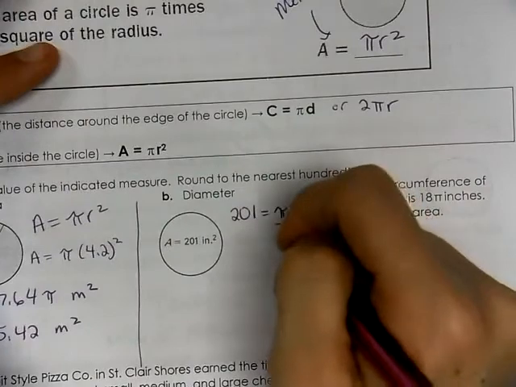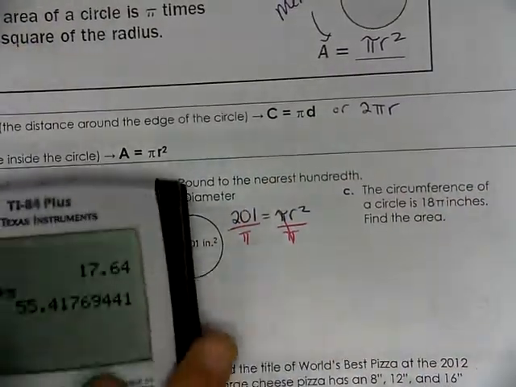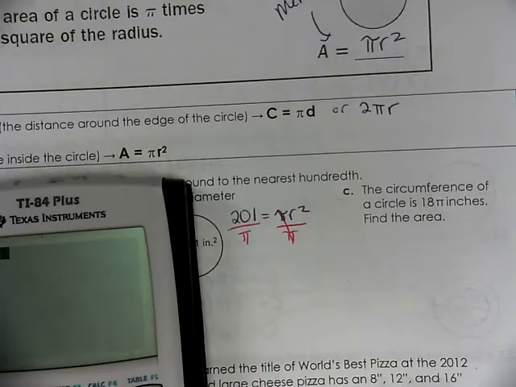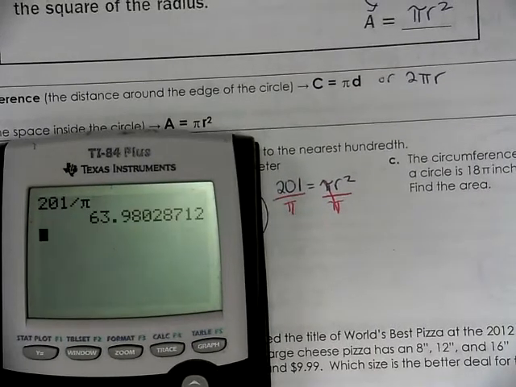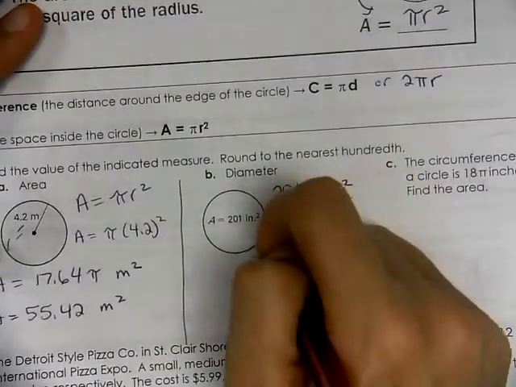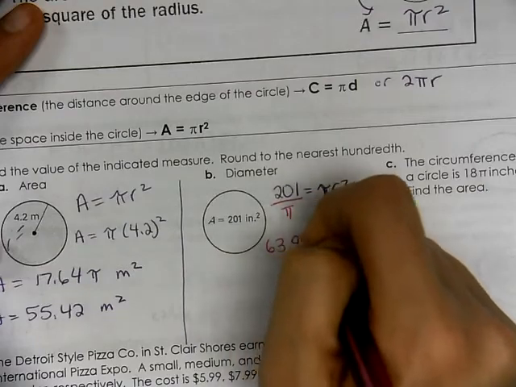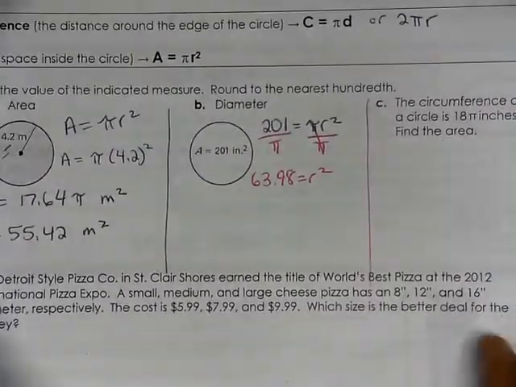So I'm going to divide both sides by pi to get that out of the way. So 201 divided by pi is 63.98. So 63.98 is equal to the radius squared.